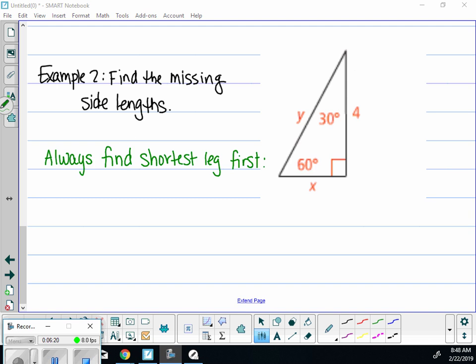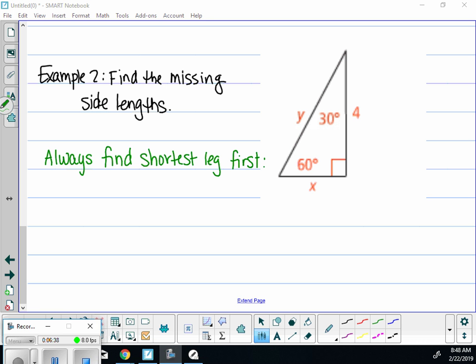So again, when you're looking at these problems, determine whether you have a 45, 45, 90, or a 30, 60, 90. We have a 30, 60, 90. Always find the shortest leg first.